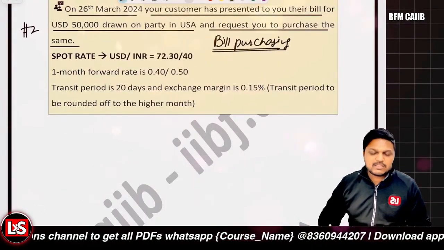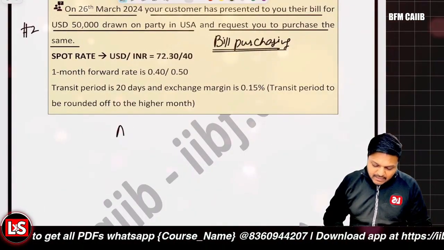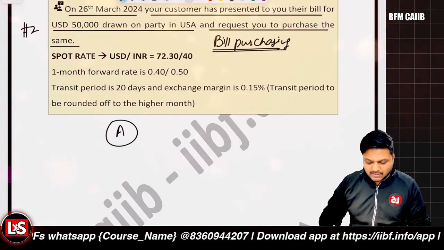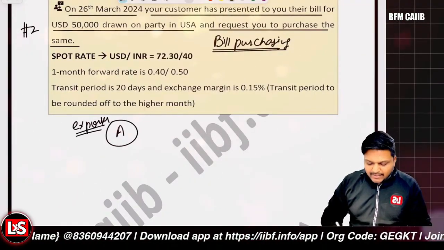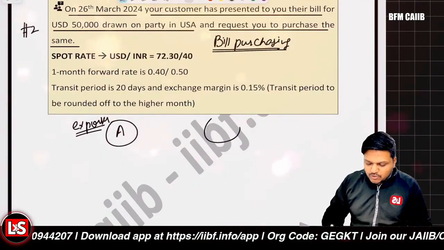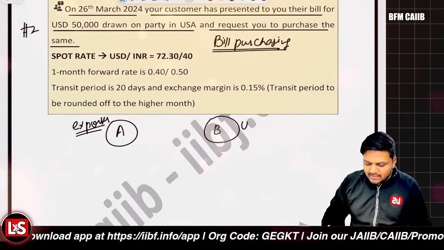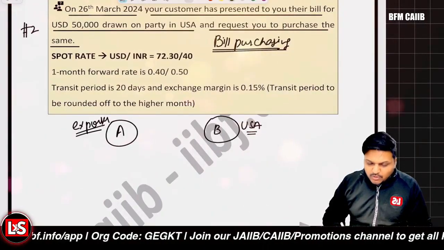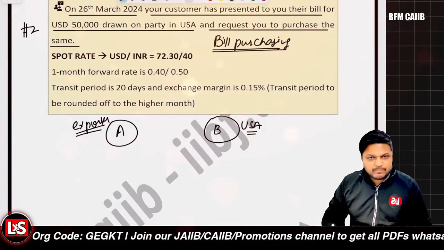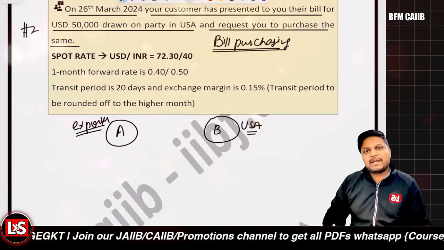The process is quite simple. Let's say person A, who is our customer, is the exporter, and he exported goods to person B, who resides in USA. Person A sold the goods on credit to person B, but person B has not paid the amount yet.